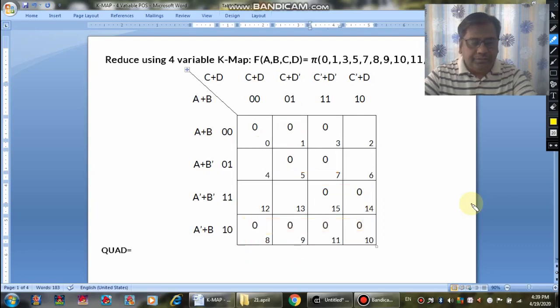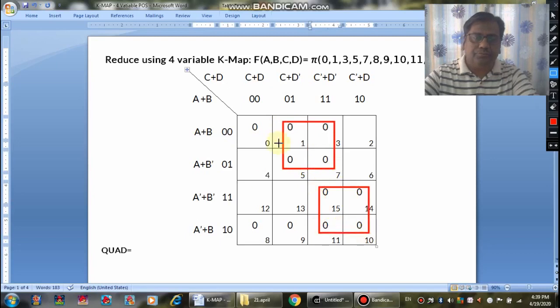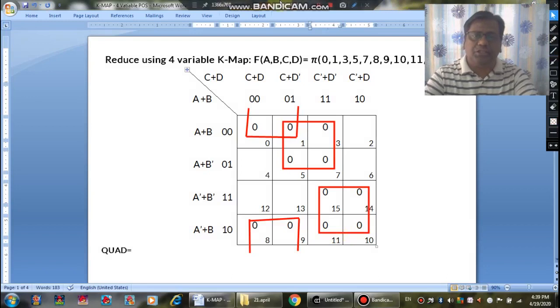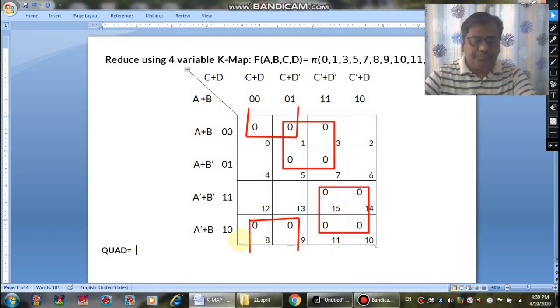Clear? Therefore, the correct combination will be, this is our first quad, this is our second quad, and this is our third quad. This is very easy. Once the grouping is true, we will be writing the answer.